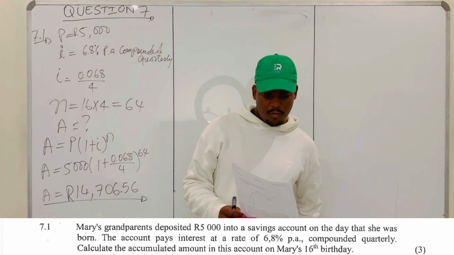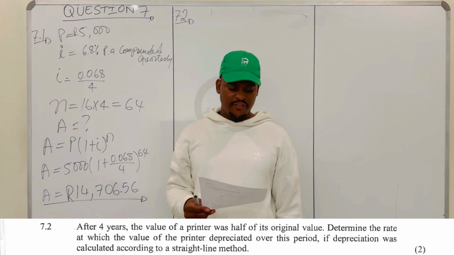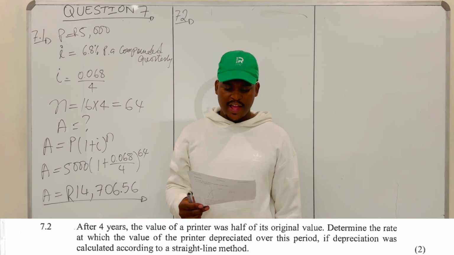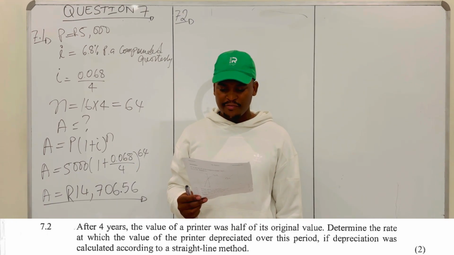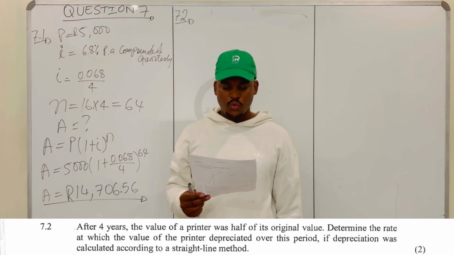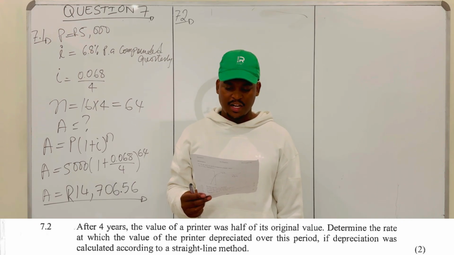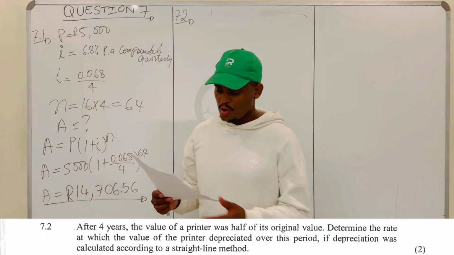So, we move on. Okay, so now we're doing 7.2. 7.2 reads as follows. They are saying after 4 years, the value of a printer was half of its original value. Determine the rate at which the value of the printer depreciated over this period, if the depreciation was calculated according to the straight line method. No problem.